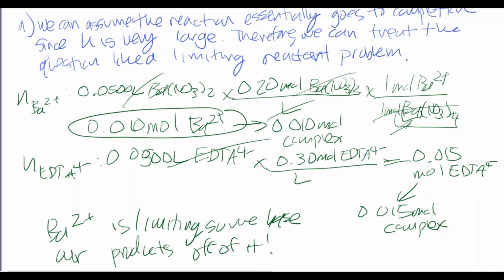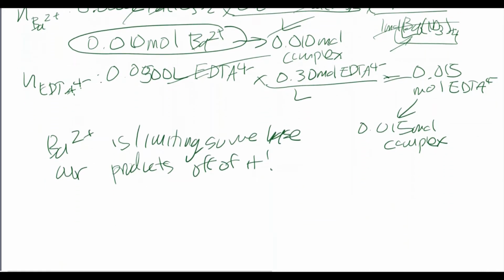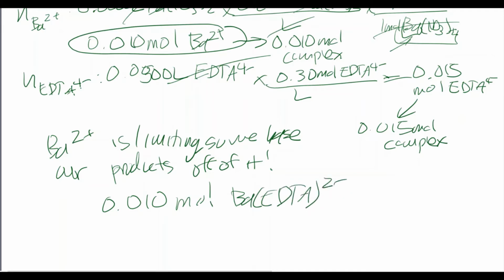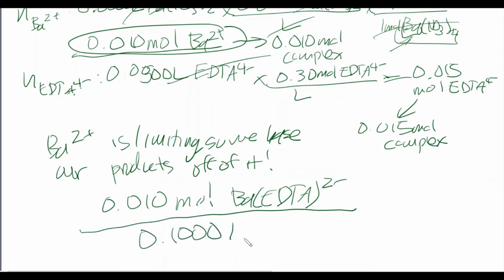Okay, so let's now find the concentration of the complex. So we know that a total of 0.010 moles of the complex, which can be written as BaEDTA2-, will be produced because barium is our limiting reactant, and this is divided by the volume of the solution, which at the end was 0.1000 liters.